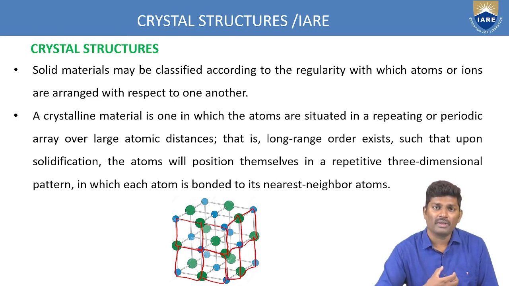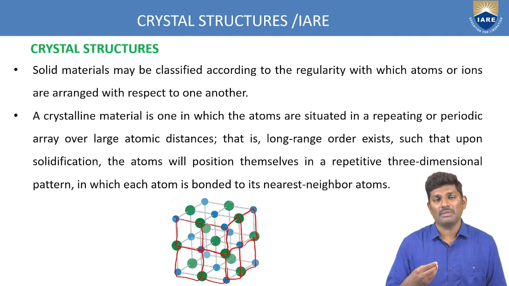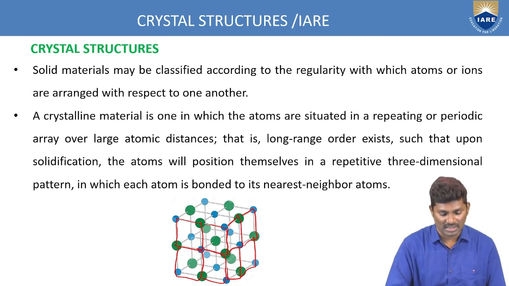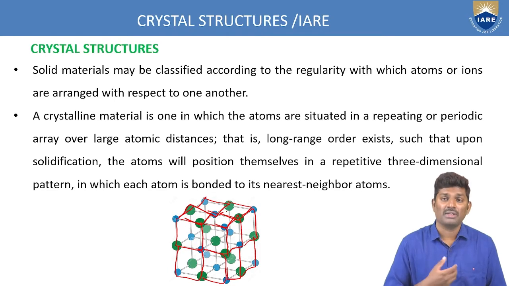So a crystalline material is one in which the atoms are situated in a repeating periodic array over large distances. This type of arrangement is called a crystalline material. In this example, you can see in all three directions, in the 3D model, it is arranged in a repeating periodic array over large distances.